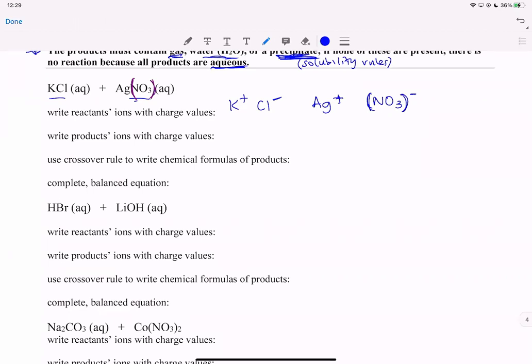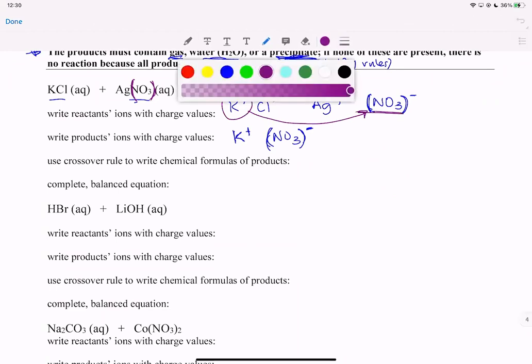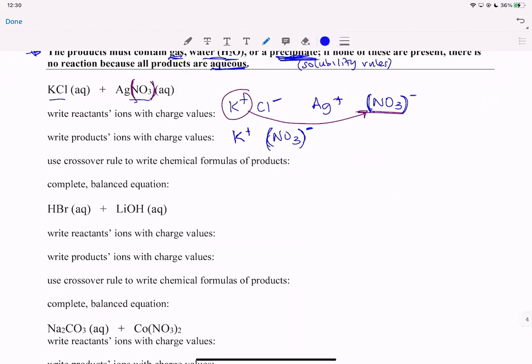And now you make sure that everybody switches places. So how do you do this? You write this ion K plus with a new partner. Instead of Cl minus, you write the NO3 minus next to it. So not just any partner: this is a positive charge, which needs a new negative charge. Now the next thing I'm going to write is the other positive charge.